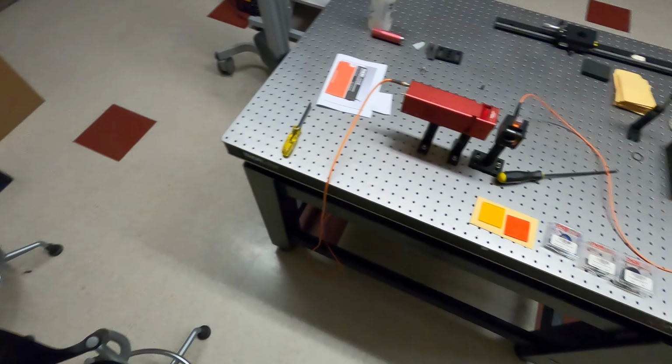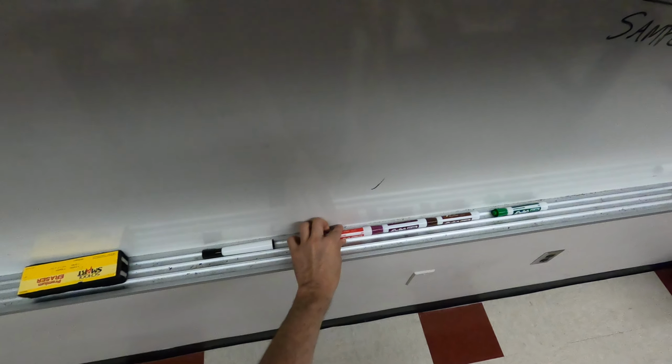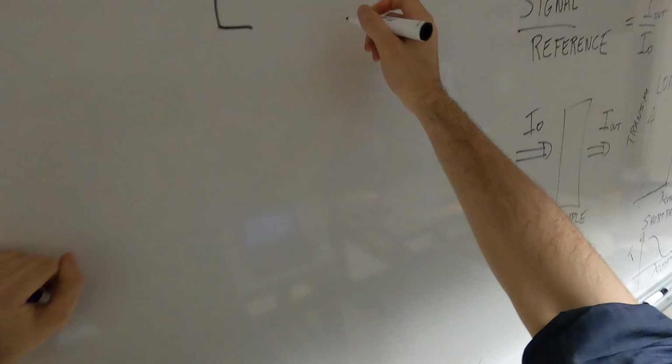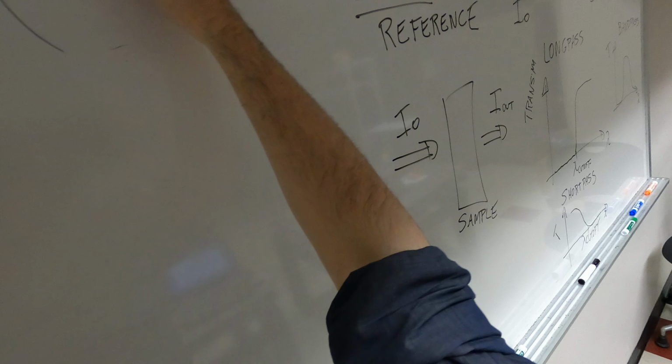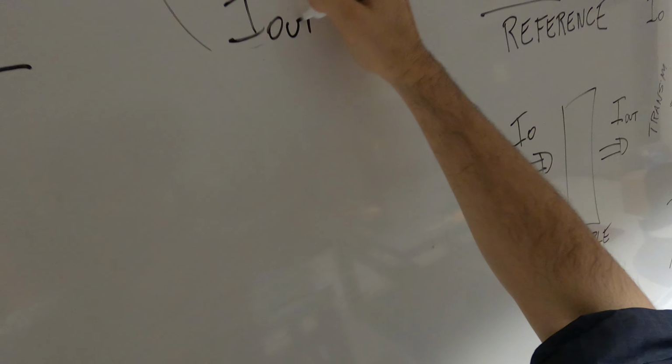Okay, so when you measure the absorption of rhodamine, we get the attenuation coefficient. The attenuation coefficient is a function of the wavelength of light. So we have this expression: 1 over L, where L is the length of your cuvette, times I naught divided by I out.